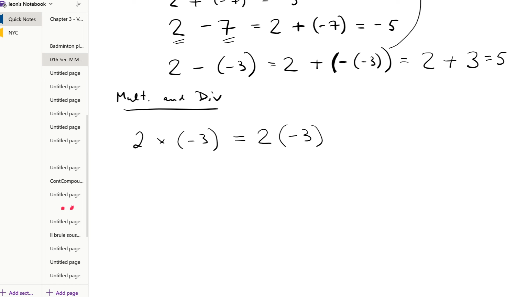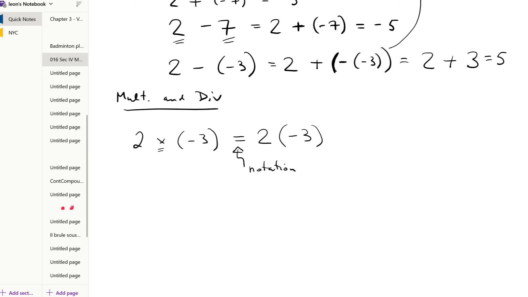So 2 bracket -3, that's the exact same thing as 2 times -3. So this is a notation that I'm using here, where I'm omitting the multiplication sign, and if I omit it, it's just the same as a multiplication.